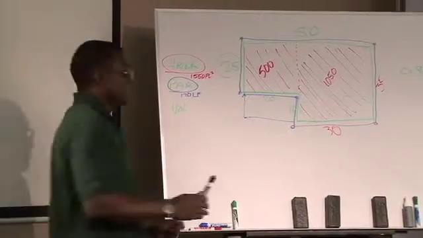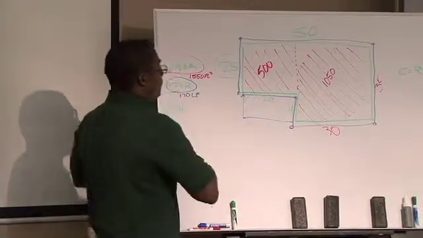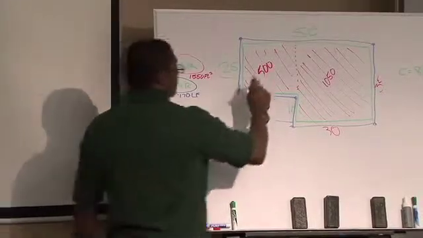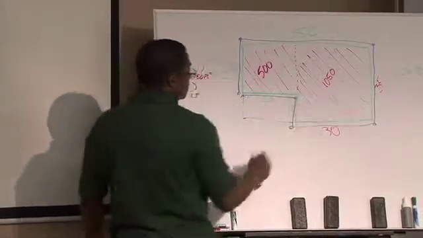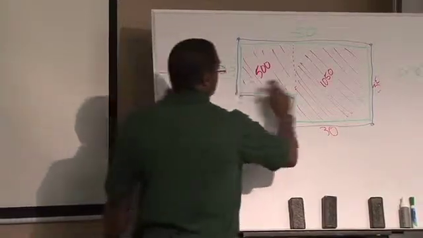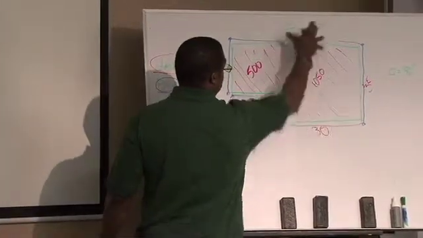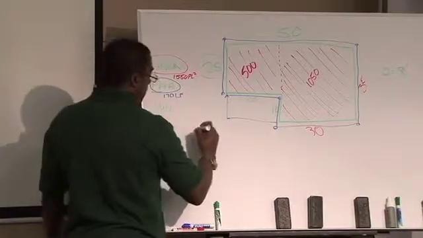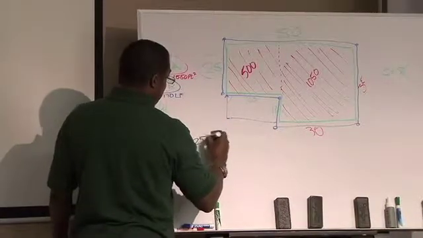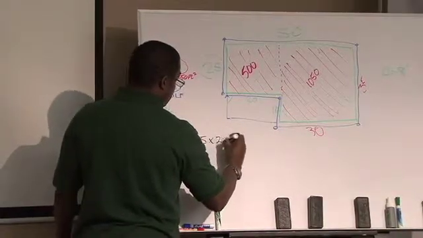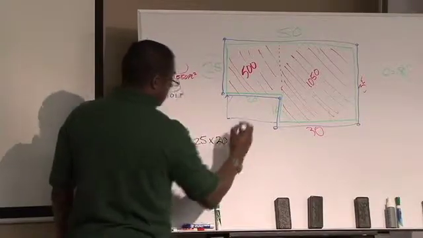So we can do this problem two different ways. We can do it with our red squares. We can say 25 times 20 times 8.